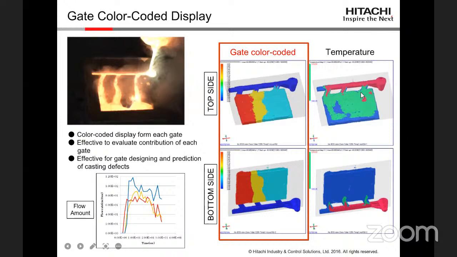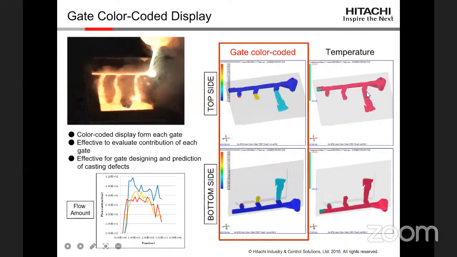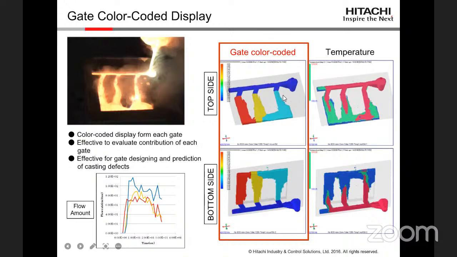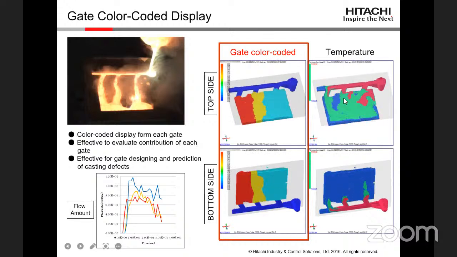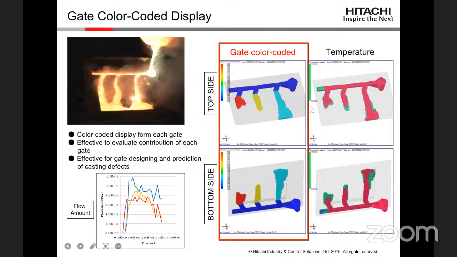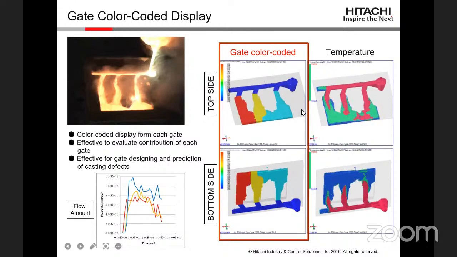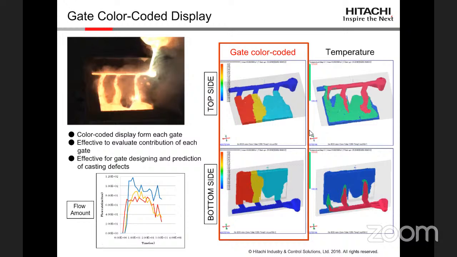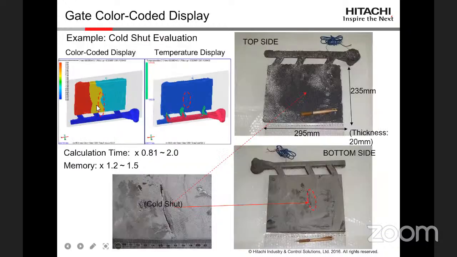When the material flows from the first gate, the occupancy of the first gate is higher than the other two gates. Because of that, in the center, between the materials from the second gate and first gate, the temperature dropped during flow. So now we are getting a cold shut problem here. You can check.